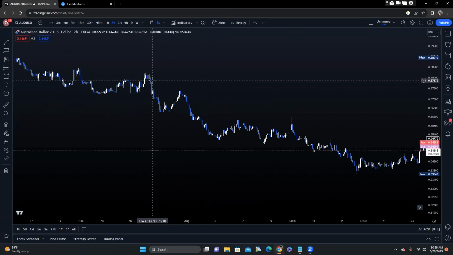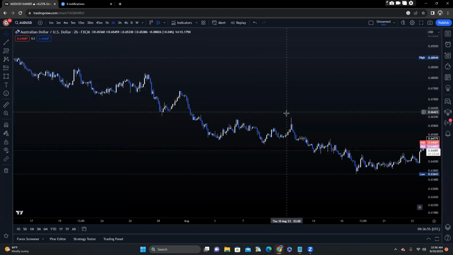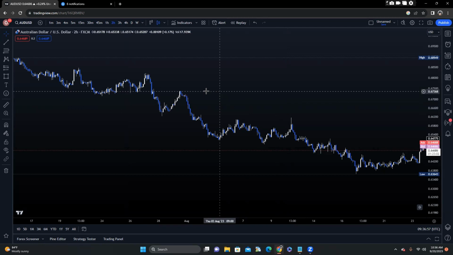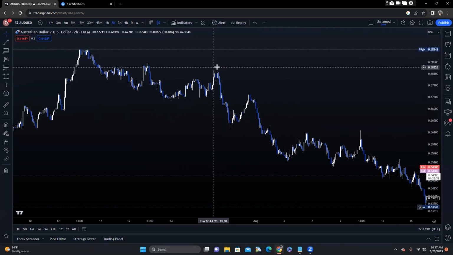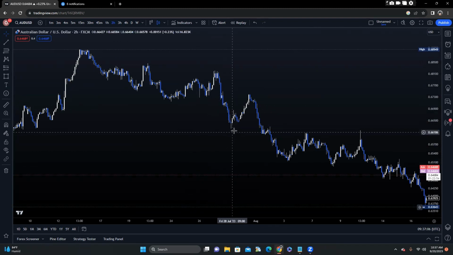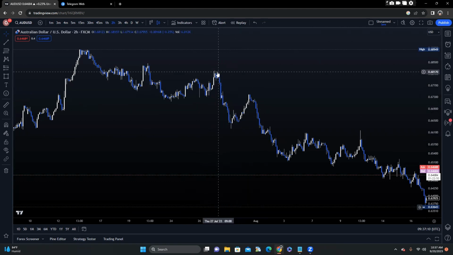So now we have established market structure, and we're going to ask ourselves, what are order blocks? From the chart here, this is a swing point to a swing point. This is a swing high, a lower high to a lower low. This is the range between this high and this low. So at what point here is the market looking to react from, to go and take out the new low?